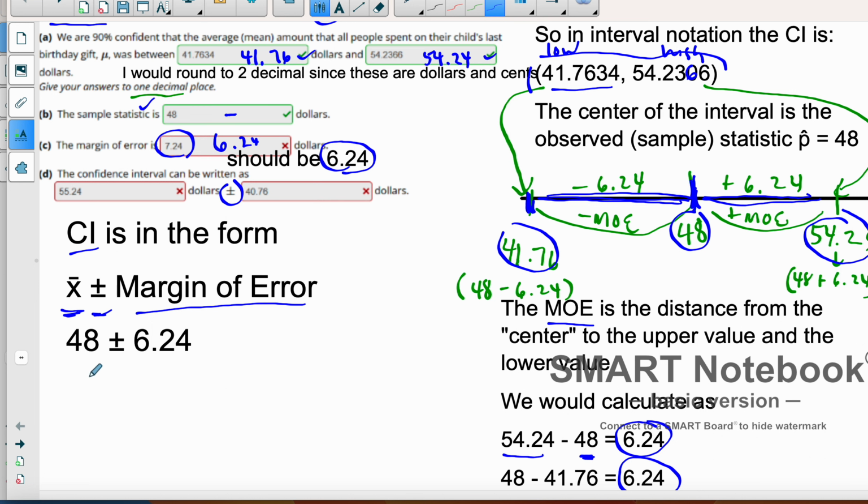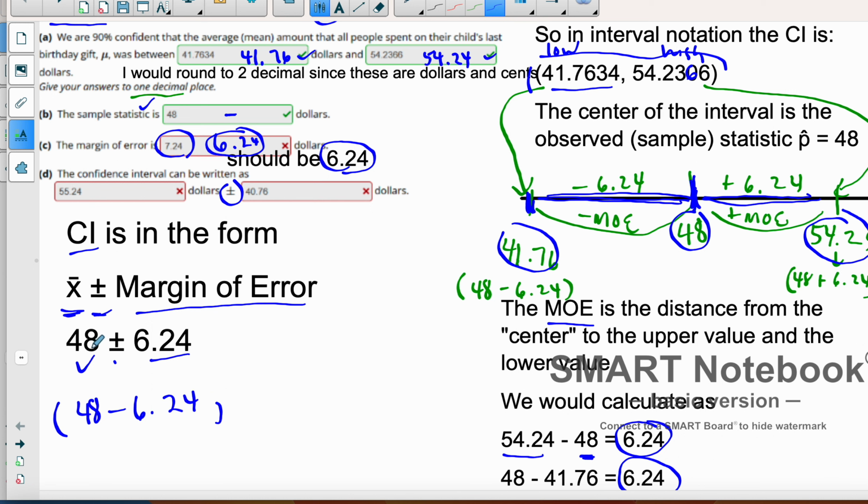Your sample statistic is 48. That's what I have here. And then the margin of error is $6.24. You literally just write plus or minus $6.24. And then if you do the math, you're just going to get this interval that you already calculated. The low end is 48 minus 6.24.